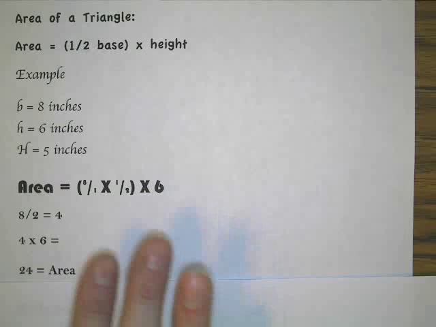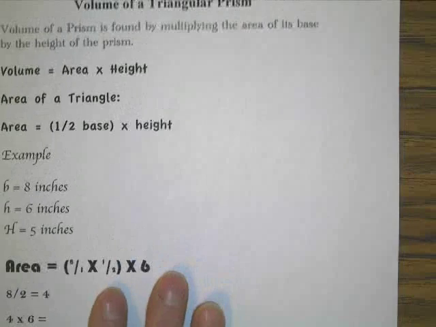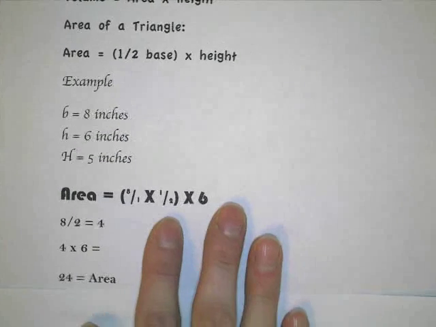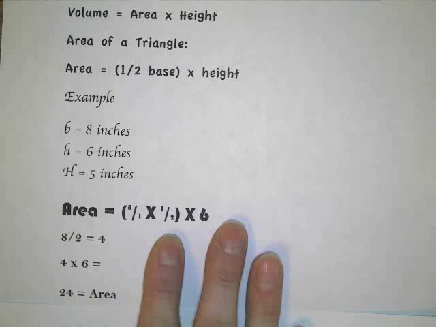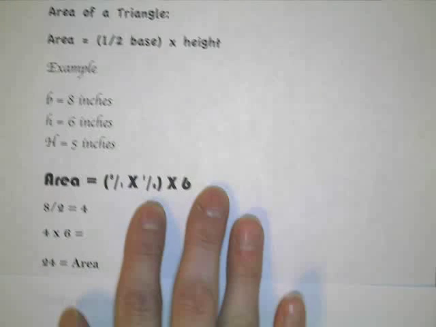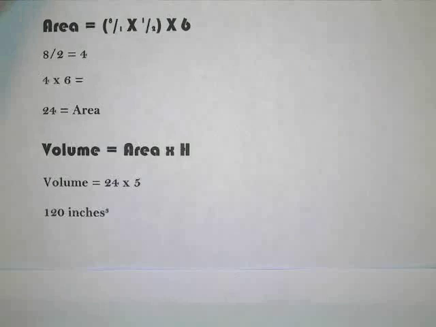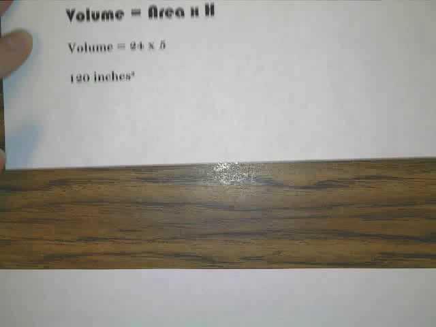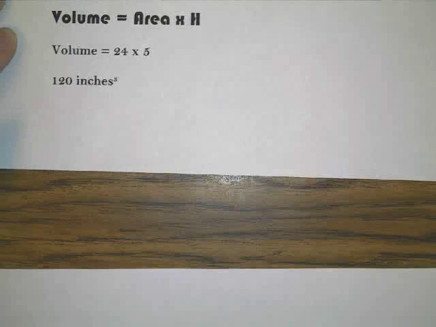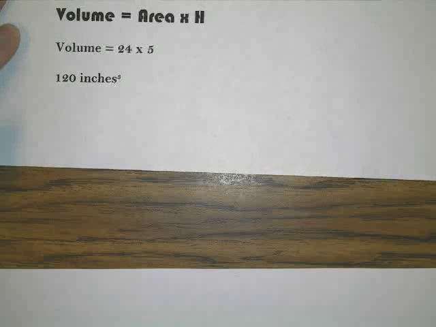So now we have to find this little wonderful thing, the volume. Okay? So everyone understanding so far what we're doing? So to find the volume, we take area times height.